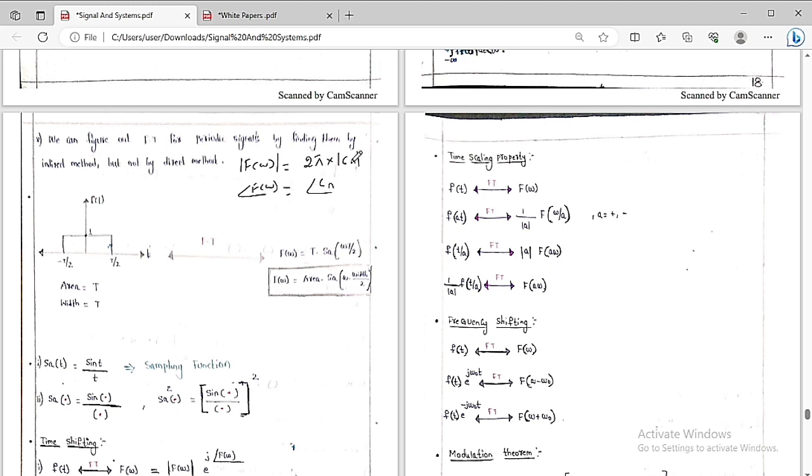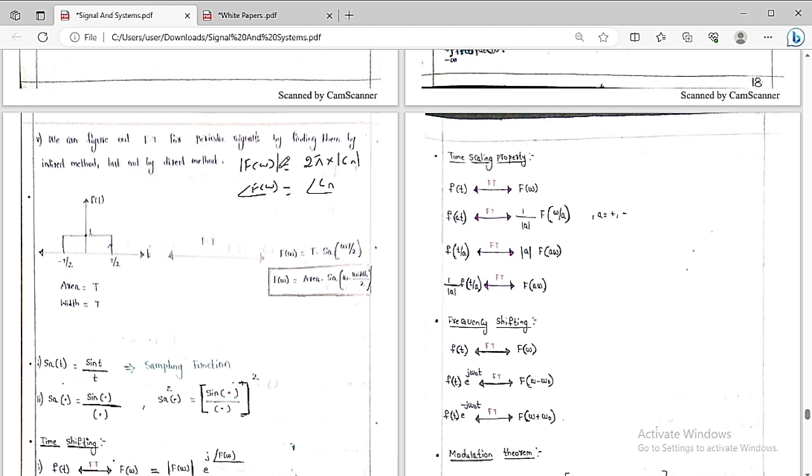That's it. So this is the indirect method. Directly, for F of omega, we are not defining any signal f of t. We are finding the coefficients and substituting into this formula, so this is called the indirect method. Directly means applying the Fourier transform on the signal f of t, but we are not applying it like that.